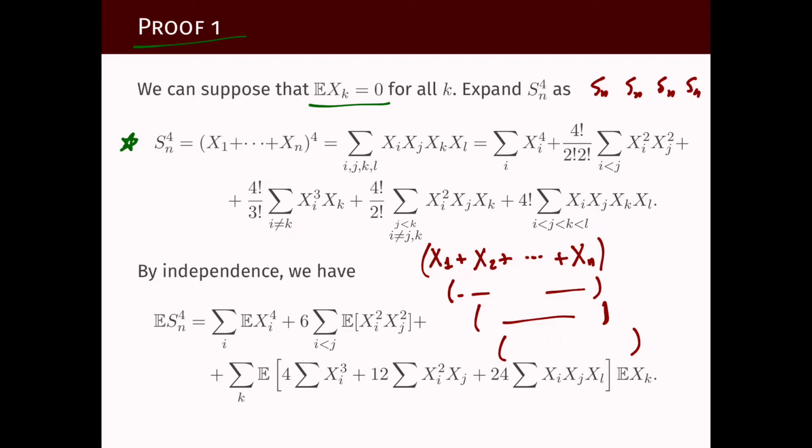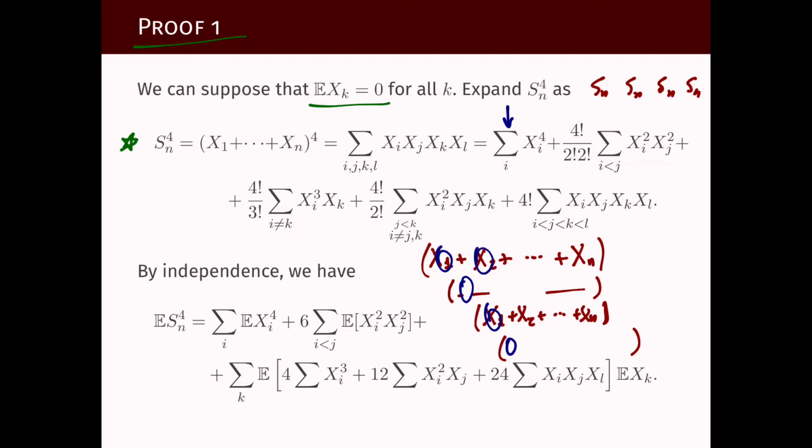And to be clear, what are these expressions? These are four expressions which are identical: x1 plus x2 plus up to xn. So one way is to get x1 times x1 times x1 times x1. That will give us x1 to the fourth, which is what is here.